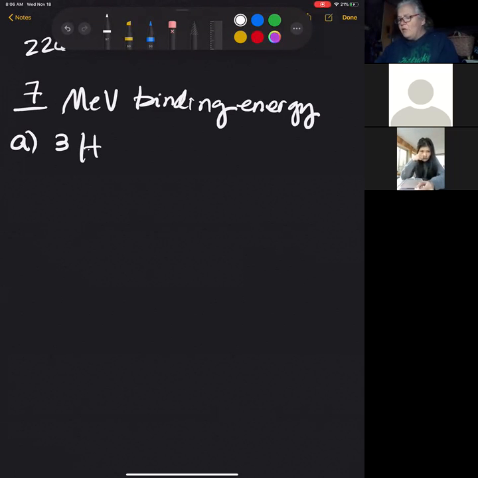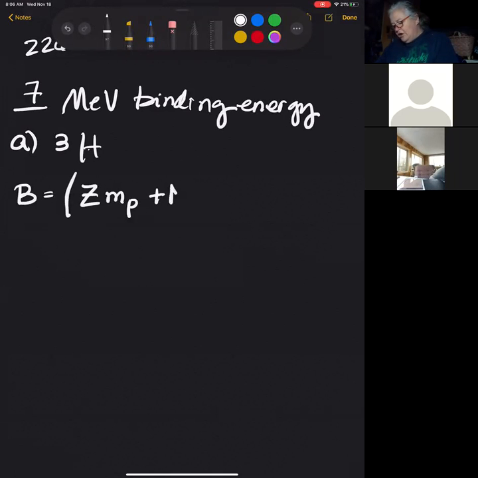Okay. Now, the way you do binding energy, if you don't remember, is you take the difference between the energy of all the parts minus the energy of the nucleus. So what that means is the binding energy is equal to the energy of the parts. So it's the atomic number times the mass of the proton, because that's how many protons there are, and then plus the neutron number times the mass of a neutron, because that's how many neutrons there are.